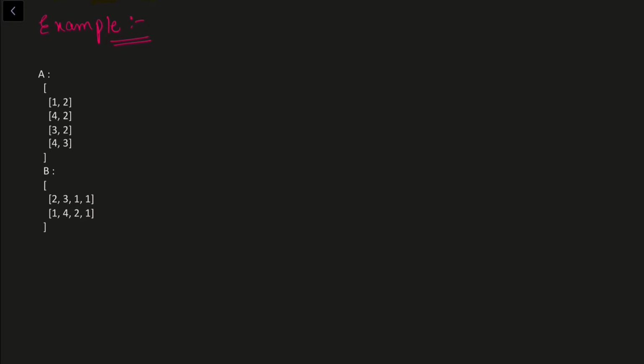So we are given the array. Array A contains 4 elements. So we have 4 shops, right? 4 shops which contain items 1 2, 4 2, 3 2, and 4 3, right?